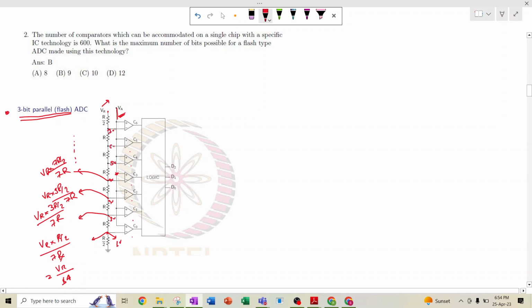And this particular ADC can detect from 0 volt to 7 volt. Suppose this input signal is 5.5 volt.